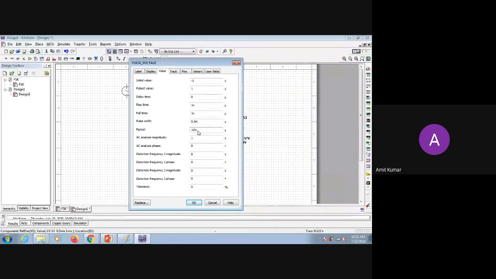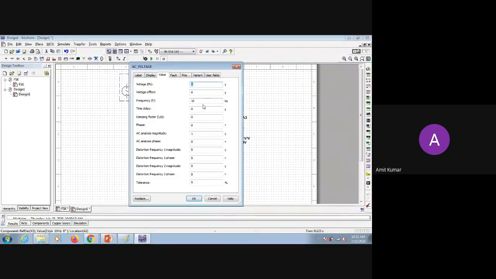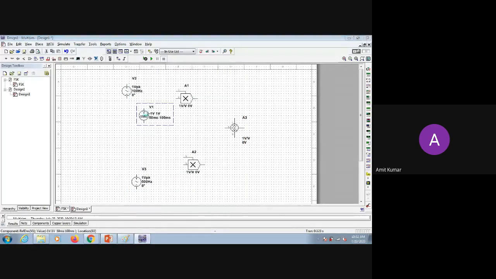I will take 100 milliseconds, with a period of 50 milliseconds, and I will put this with a higher frequency. So this is 100 hertz, this is 500 hertz. The amplitude is 1. Here we will replace it by 0 because the amplitude should be 0.